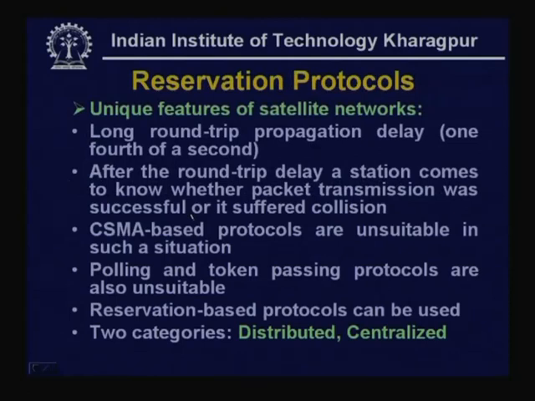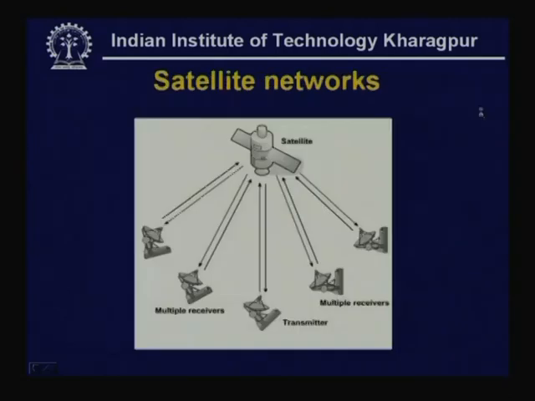Now, we shall come to the reservation protocol, which is essentially based on satellite networks. Let us look at the unique features of satellite networks. As we know, there is a long round trip propagation delay, which is about 1/4 of a second. So, here you have a satellite, and here are the ground stations.